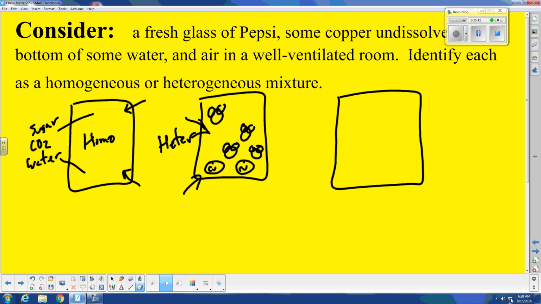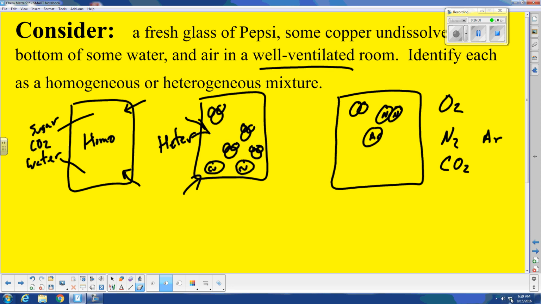And air in a well-ventilated room, well-ventilated means what? Well mixed. That means air is primarily what? Oxygen and nitrogen. That's essentially what air is. You've got some carbon dioxide maybe in there and maybe a little argon. But if it says it's well ventilated, that means it's mixed up real well, meaning up at the top, I should find some oxygen and some nitrogen and maybe some argon.